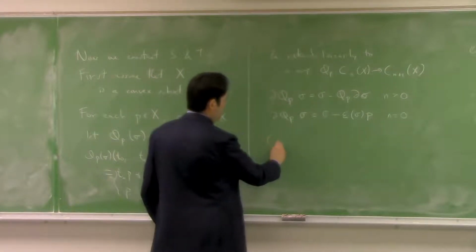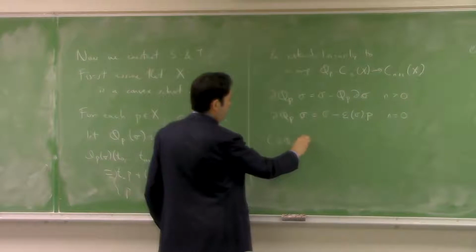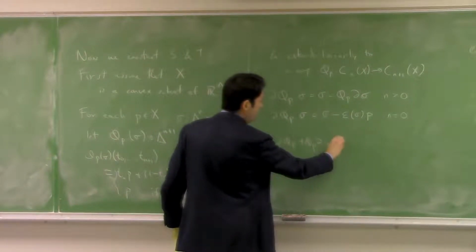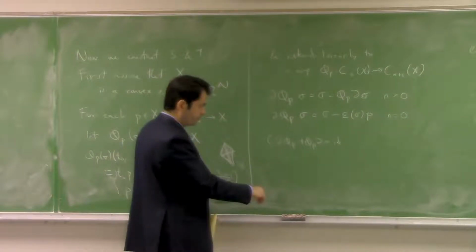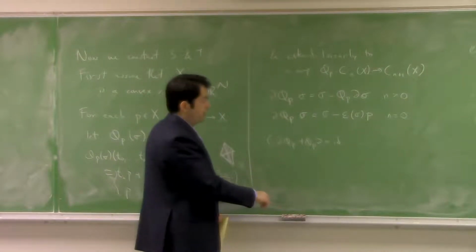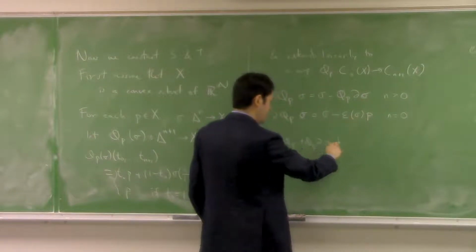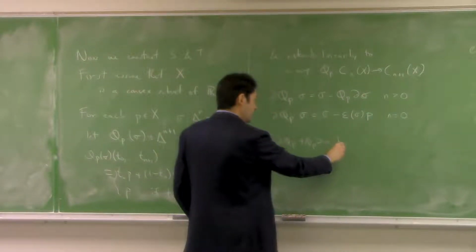So in particular, this does give us boundary QP plus QP boundary is equal to the identity. You know, for the augmented complex, something similar in degree 0.